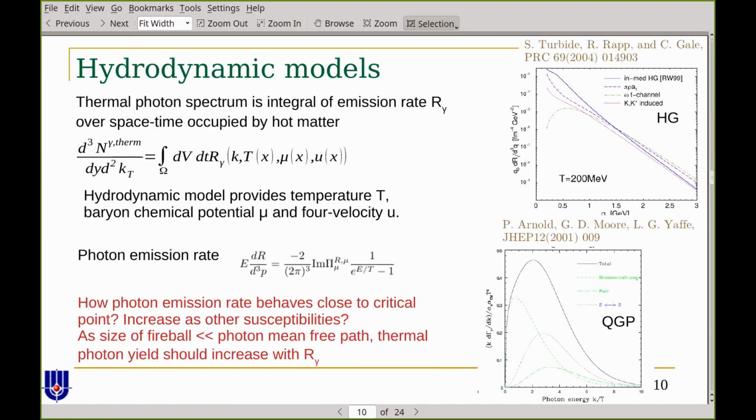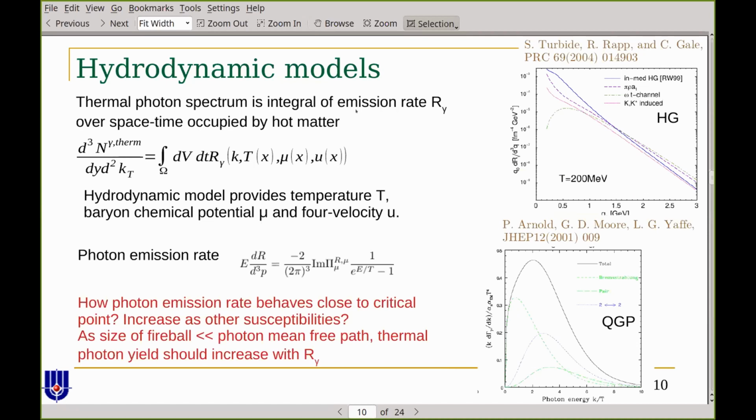Okay, let's try to describe this with some theoretical models. And the simplest or most straightforward is a hydrodynamic model. The main idea of it is that we integrate the thermal photon emission rate over the space-time volume occupied by hot matter.